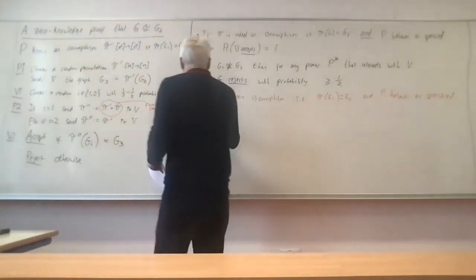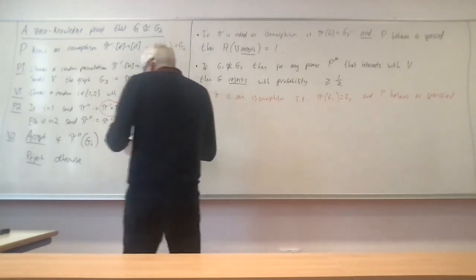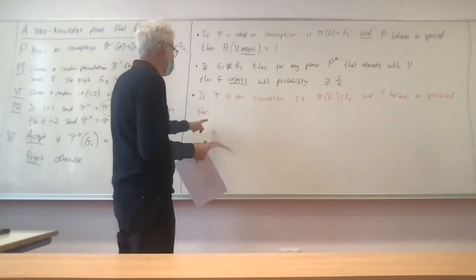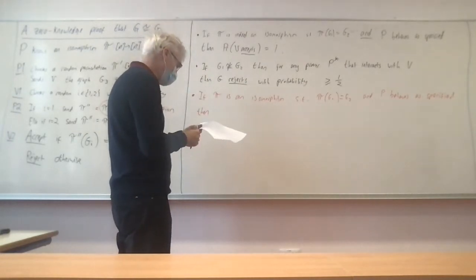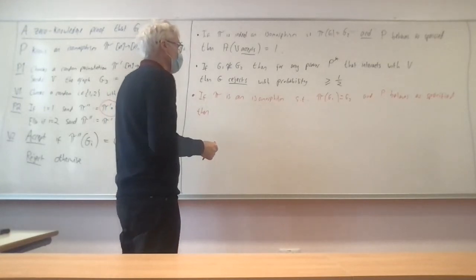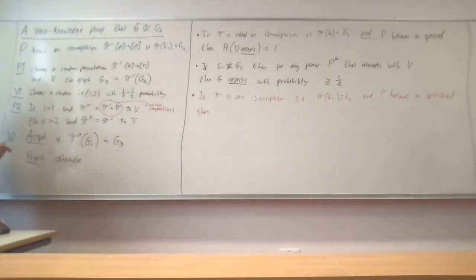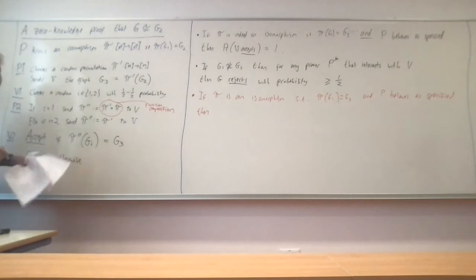Then, well, how can we say that P does not leak any information? Let me just basically paraphrase it at the moment, and then we'll come to a more precise condition.